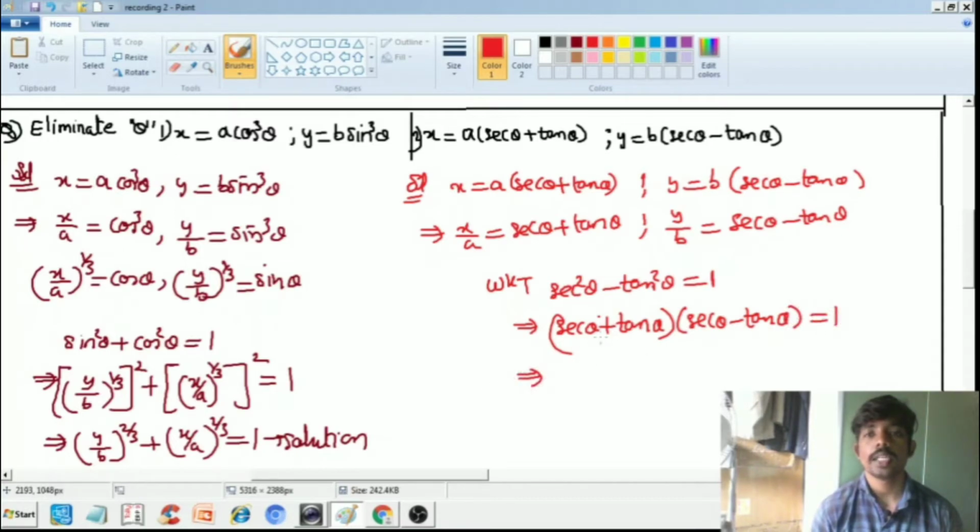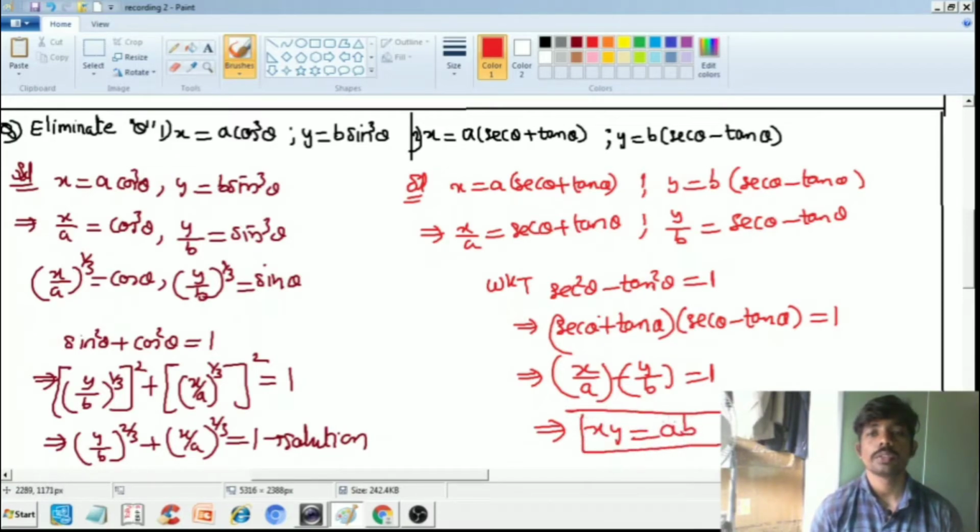Hence, secant theta plus tan theta we know is x by a, so x by a into secant theta minus tan theta, which is y by b. So, xy by ab is equal to 1. From here, we can say that xy is equal to ab. This is the solution for the second question.